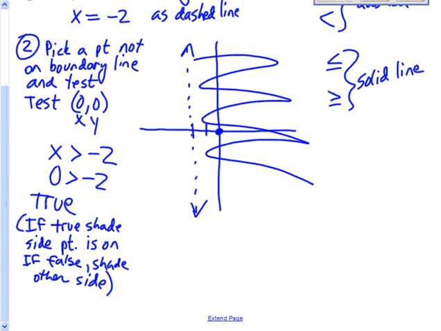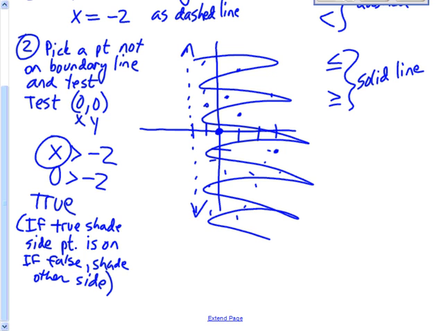That means (0, 0) is not only a solution, but all these points over here are solutions. Any point on there, like (4, -1), satisfies the original. If you plug 4 in right there, 4 is greater than -2, right?